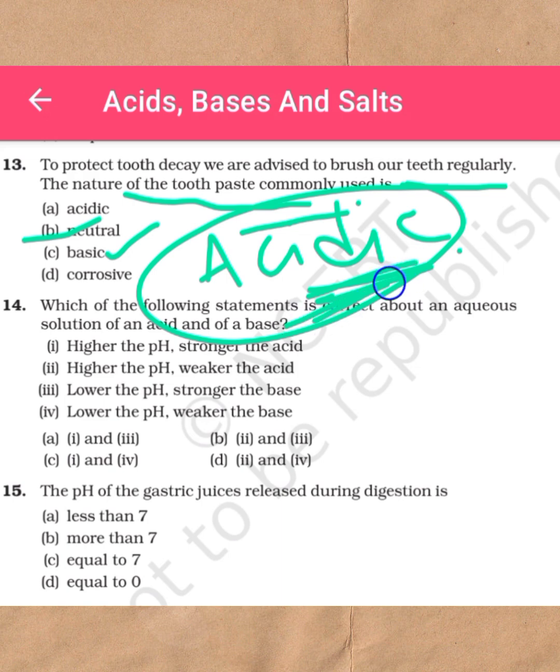The nature of the mouth is acidic, so it will be neutralized by taking a base. So the nature of toothpaste will be basic.